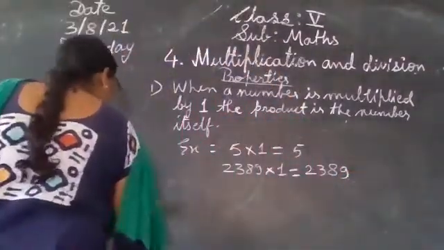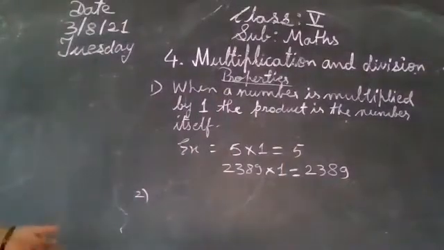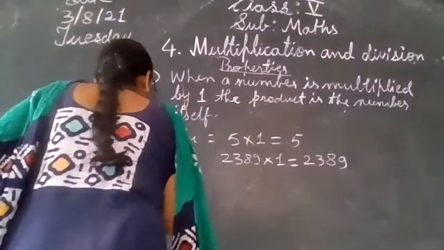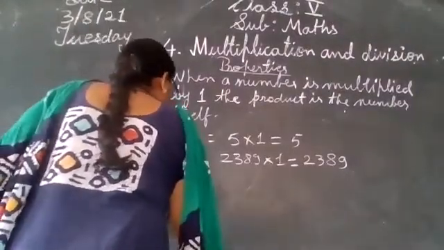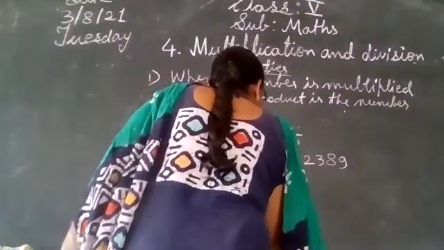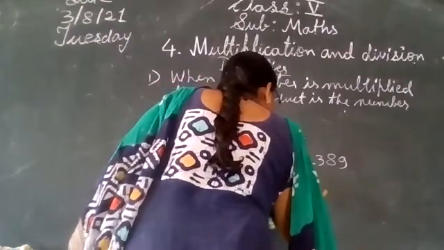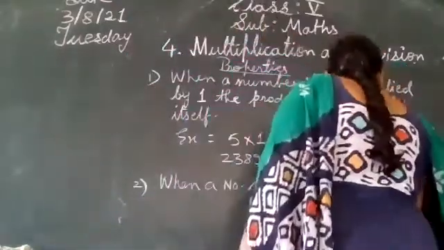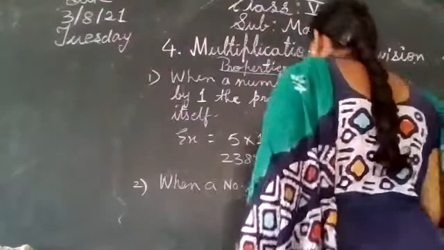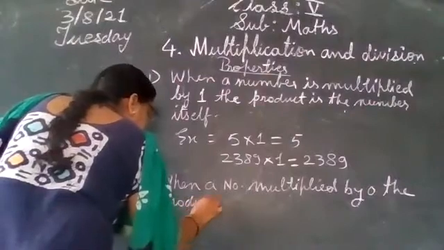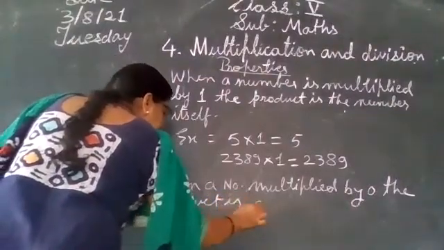And the second property is: when a number is multiplied by 0, the product is 0.